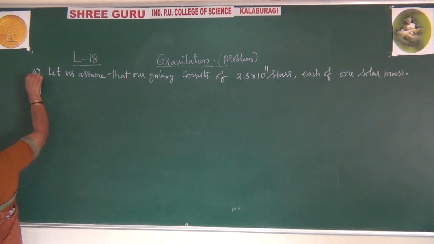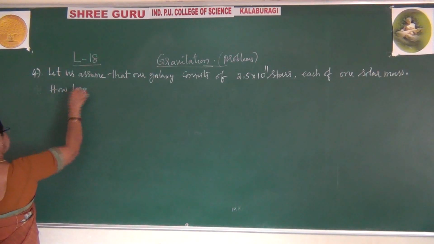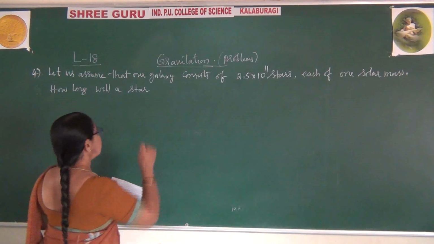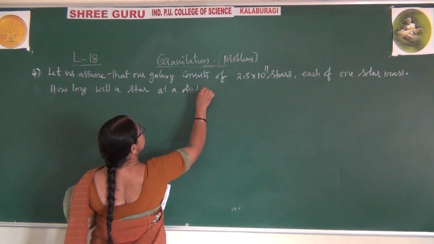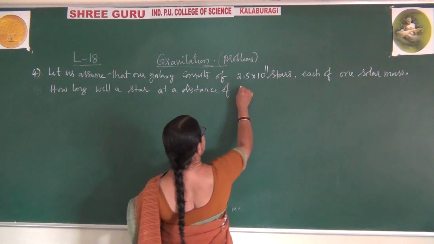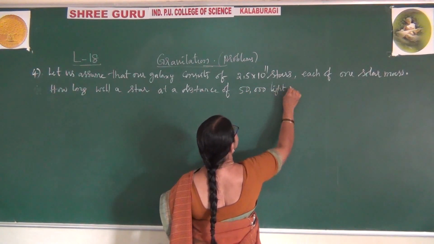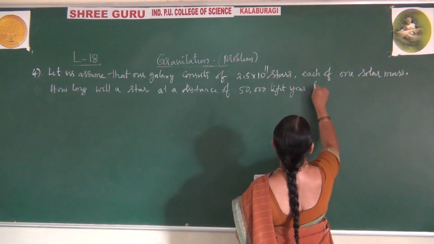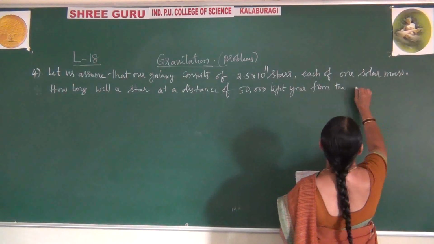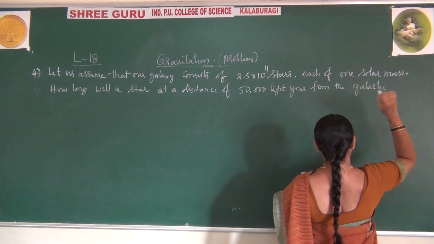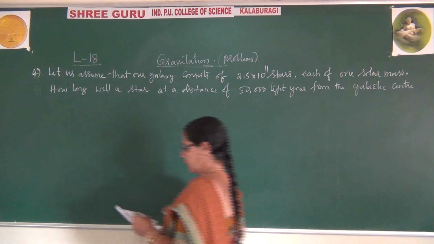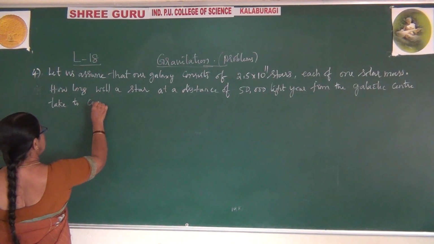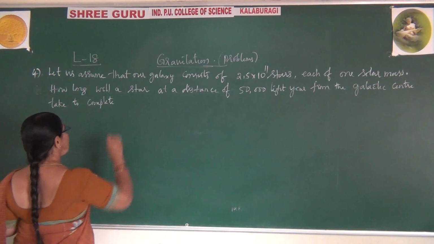How long will a star at a distance of 50,000 light year from the galactic center take to complete one revolution?